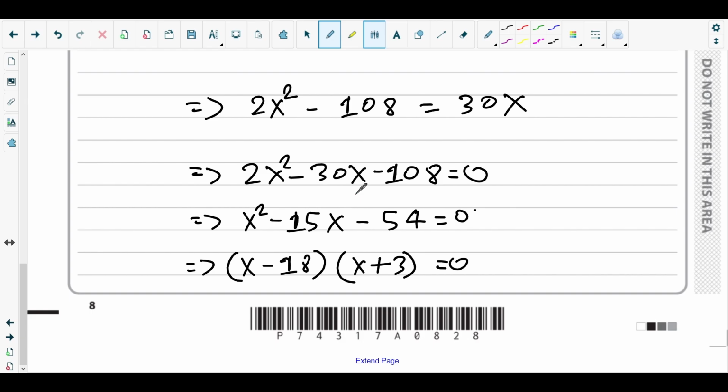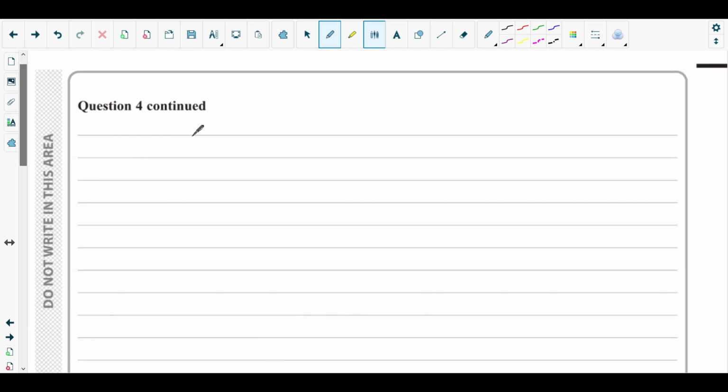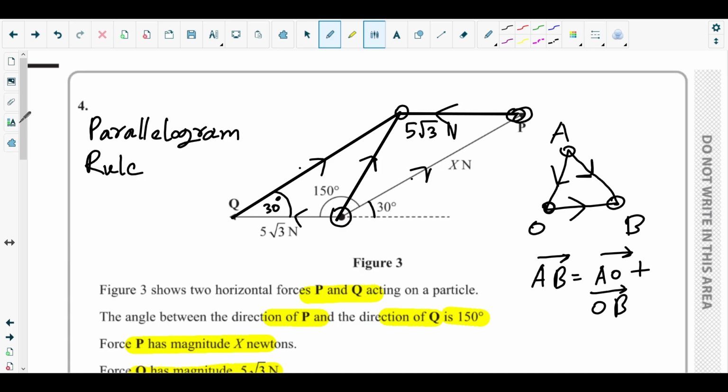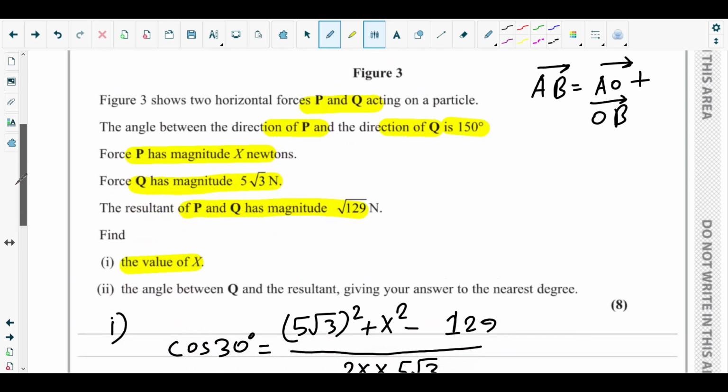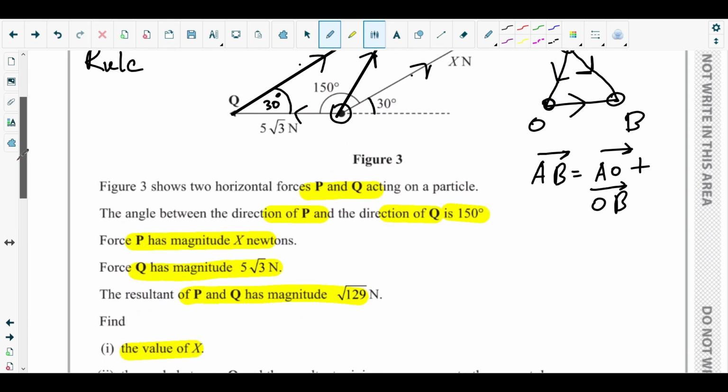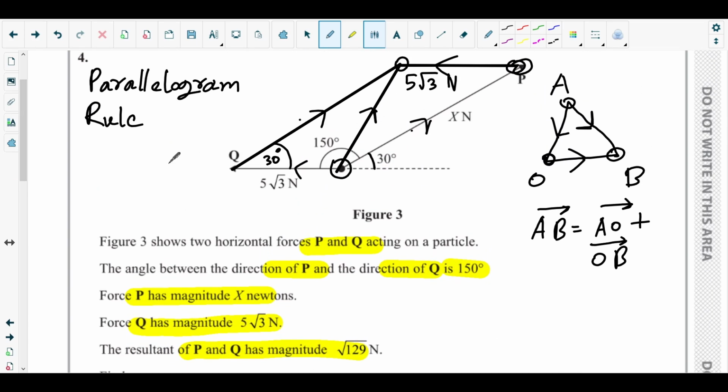Okay, so either x equals 18, or x equals what? Negative 3. Definitely x should be positive, right? x should be positive because we are not considering any direction here. Basically we are considering the magnitude.